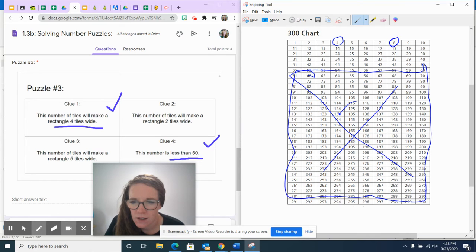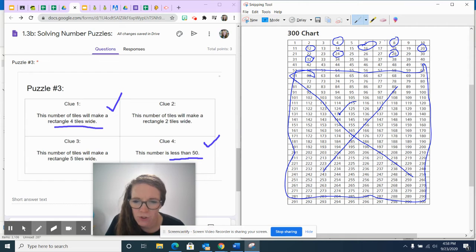8, 12, 16, I got a little crazy, 20, 24. Are you starting to see a pattern here? You should be able to start seeing a pattern. 28, 32.